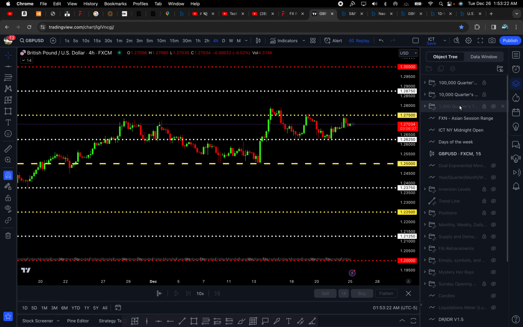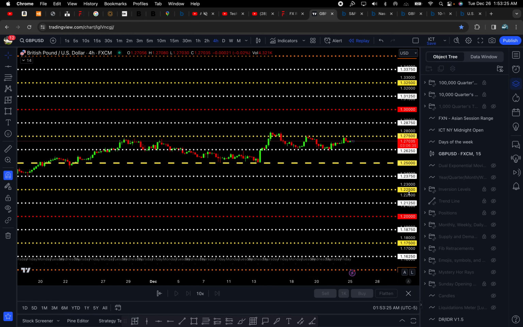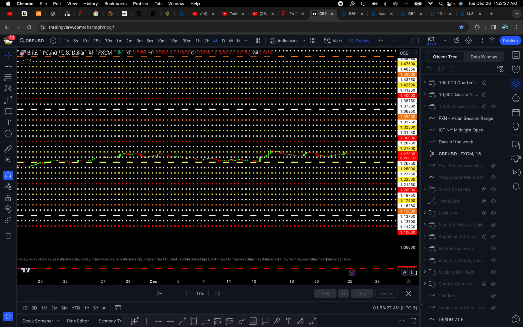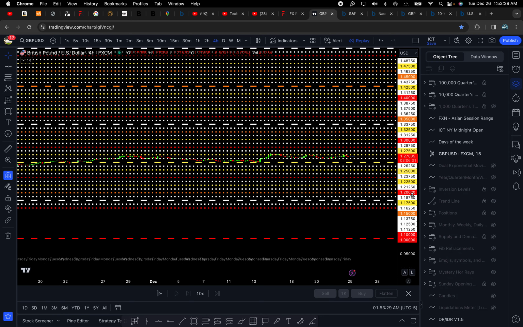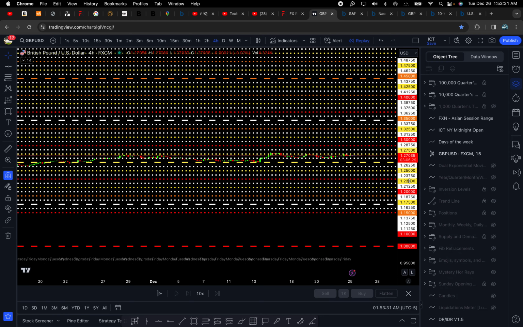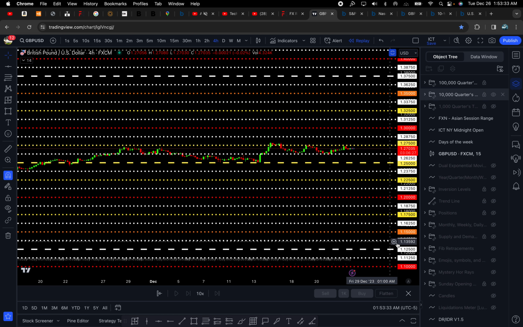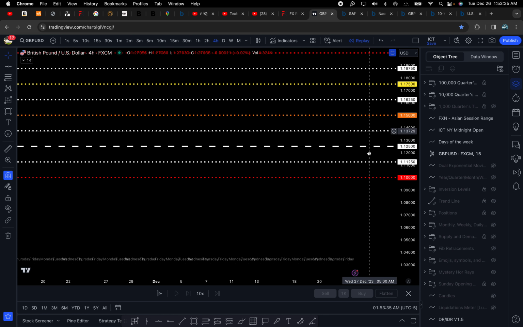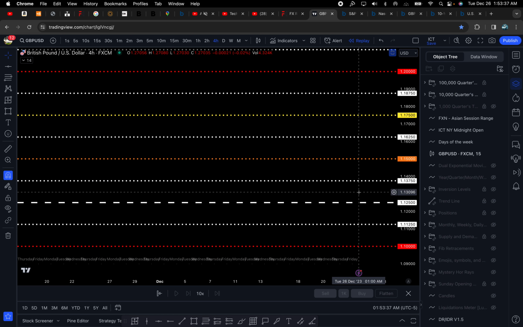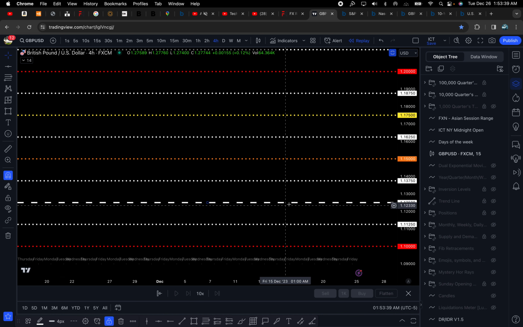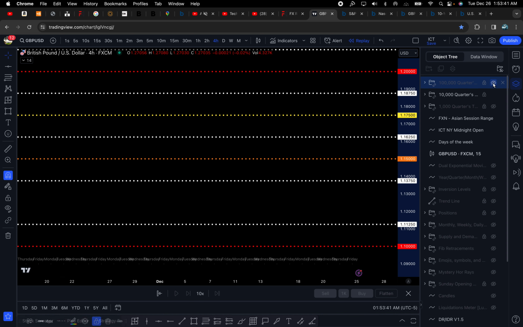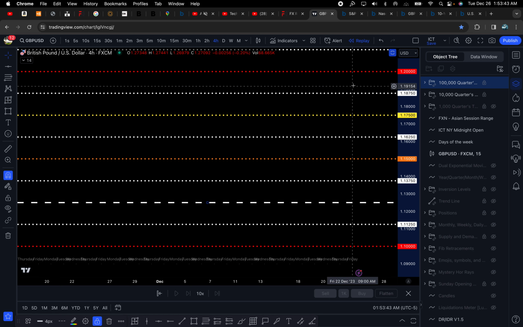I've got all these, but they're all the same. The reason they look different is that every now and then you have one of these 100,000 levels, like right here.